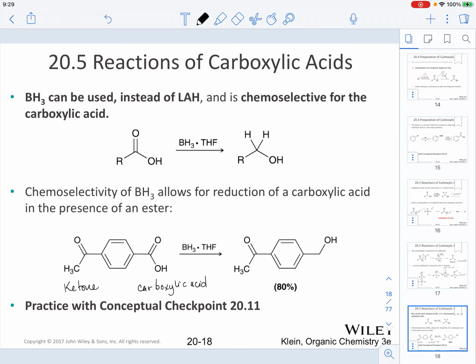Then we can propose using BH3 with the solvent THF to reduce only the carboxylic acid to the primary alcohol.